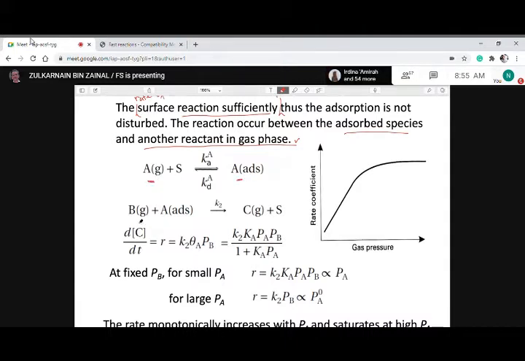The other reactant B reacts with the A adsorbed on the surface, and B is still in the gas phase, and they form the product C. Then the product is released from the surface, and we get back the empty surface, which may still have A on the surface, but C is released.